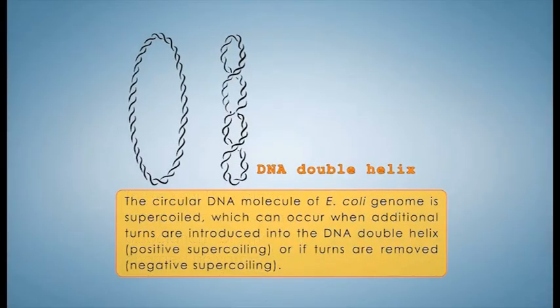The circular DNA molecule of E. coli genome is supercoiled, which can occur when additional turns are introduced into the DNA double helix, in which case it is called positive supercoiling, or if turns are removed, called negative supercoiling.